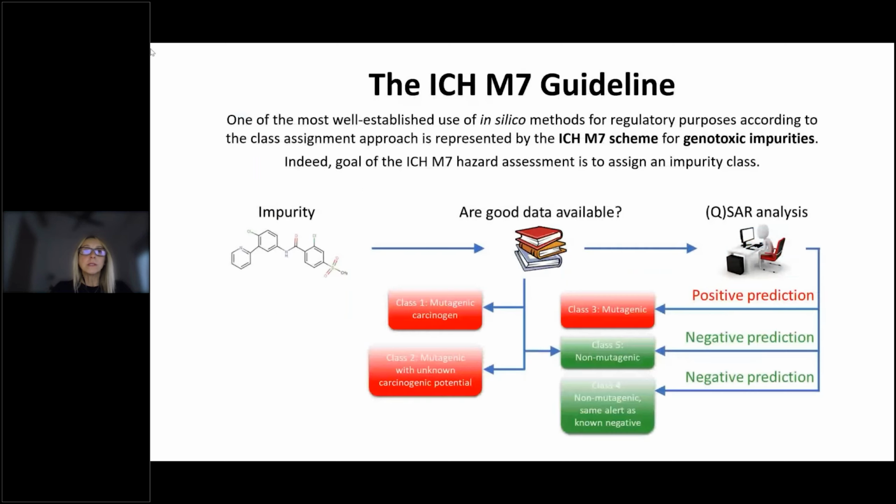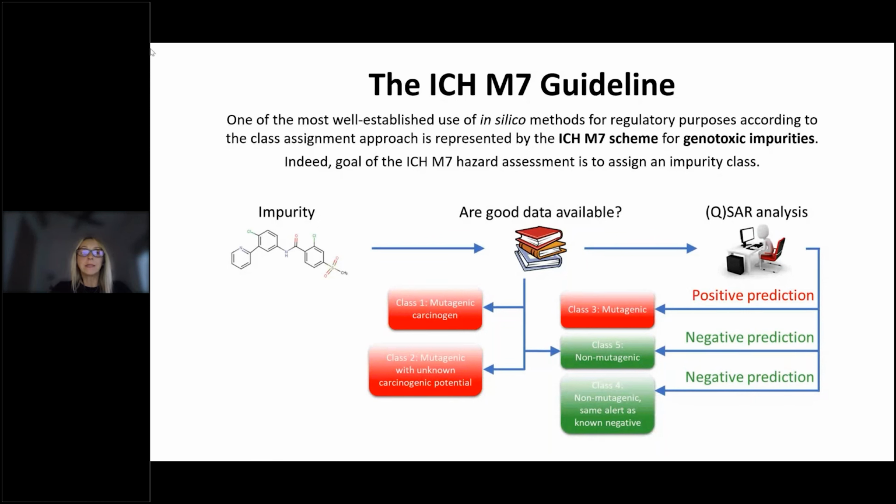One of the most well-established uses of in silico methods for regulatory purposes, according to this type of approach, so according to a class assignment approach, is represented by the ICH M7 guideline for genotoxic impurities. The ICH M7 guideline is the guideline for the assessment and the control of DNA reactive mutagenic impurities in pharmaceuticals.